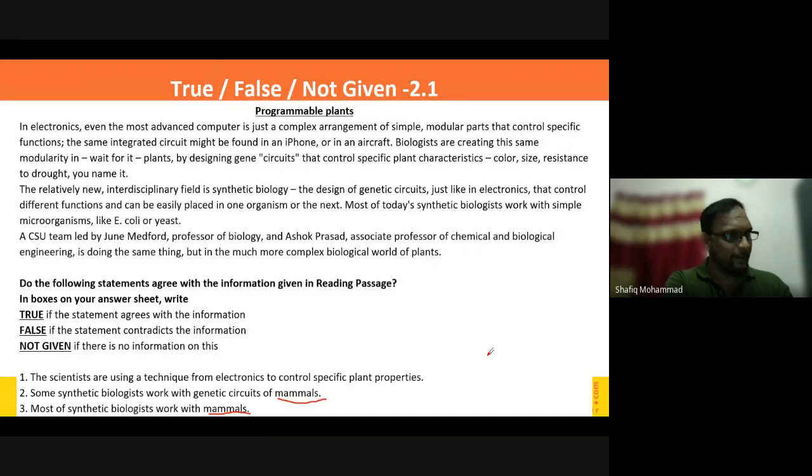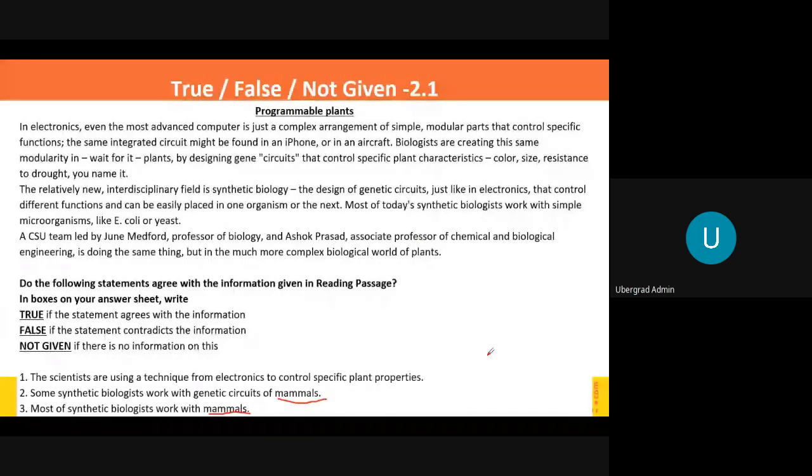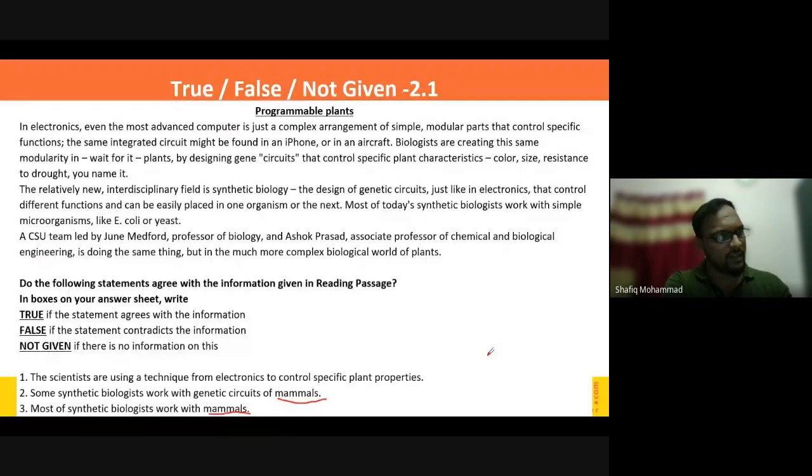Sir, there is a question in the chat. But sir, in the last line of the second paragraph it is given that most of today's synthetic biologists work with simple microorganisms. That's what I just reiterated. Maybe for you a simple microorganism can be a mammal, but microorganisms are very small, right? As far as I know, all these are very small. So that will not be false, that is not given.